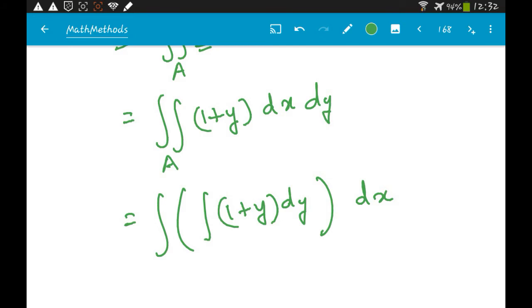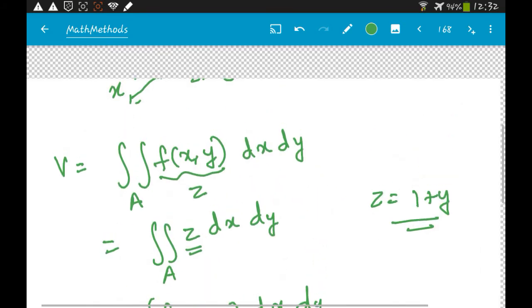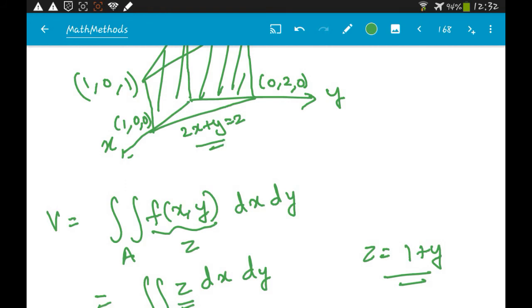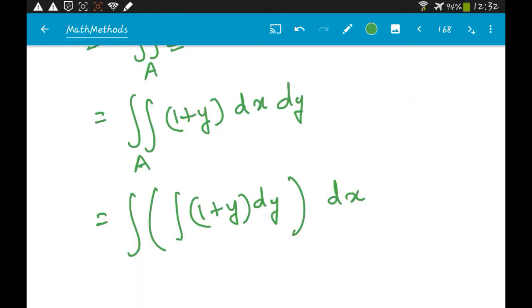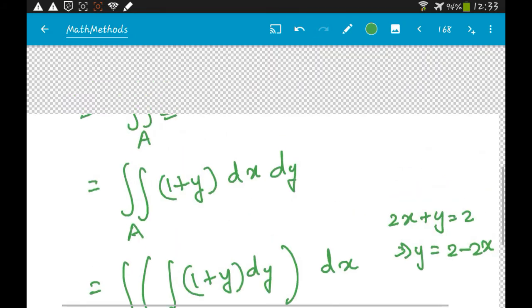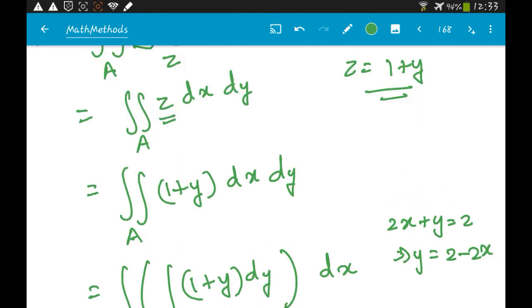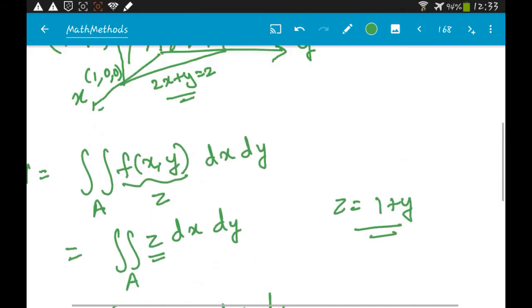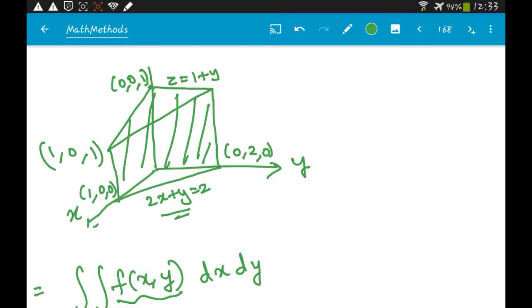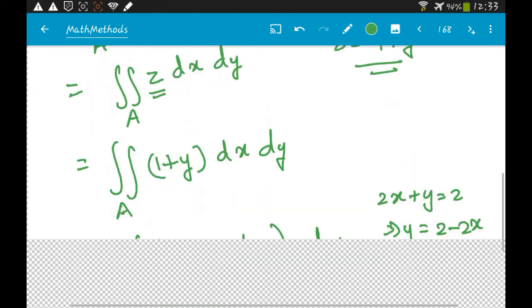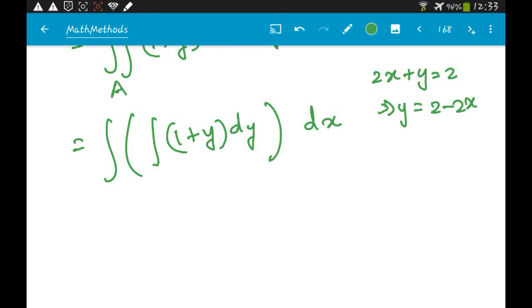So what are the limits of y? Now y follows some equation with respect to x, right? What is the equation? 2x plus y equals 2. So y is nothing but 2 minus 2x, and it starts from 0, 0, right? So it starts from 0, 0 and goes to the other side with the equation of the line. So it goes from y equal to 0 to y equal to 2 minus 2x. So these are our limits.